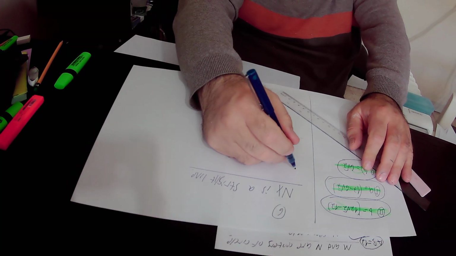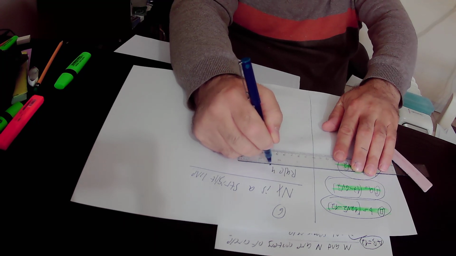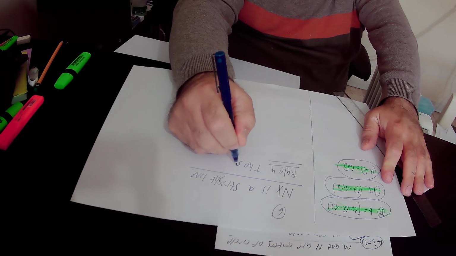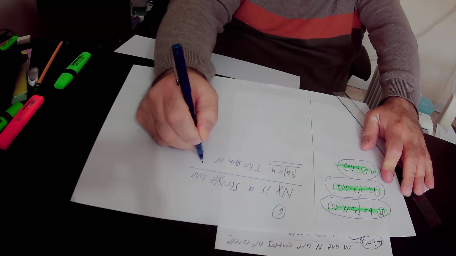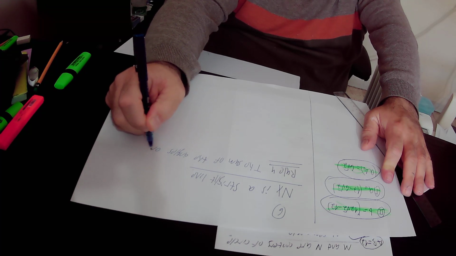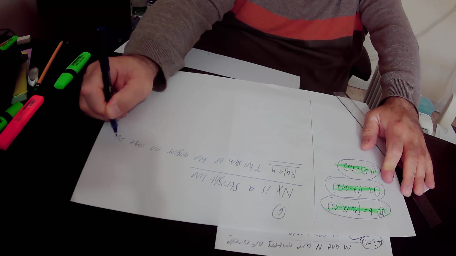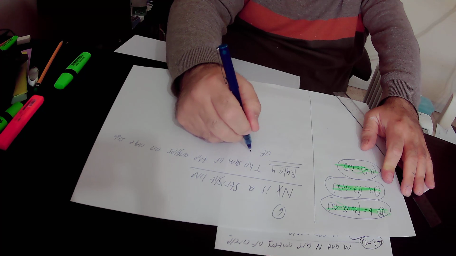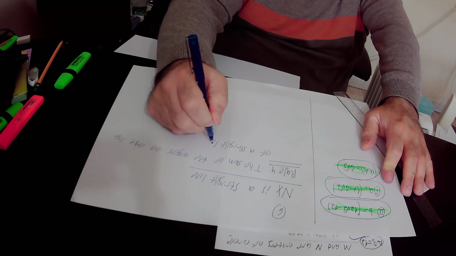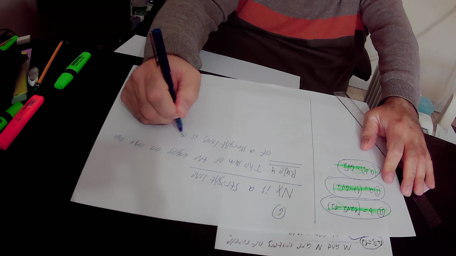We have rule number 4 that states that the sum of the angles on one side of a straight line is equal to 180 degrees.